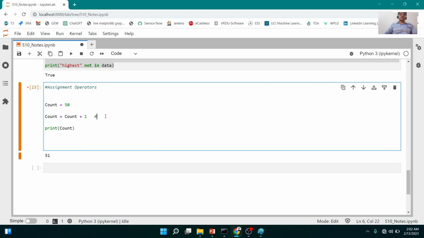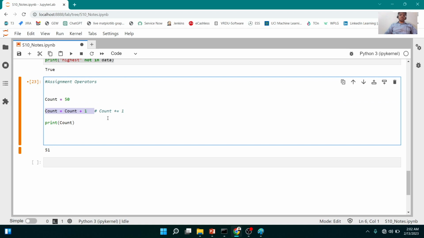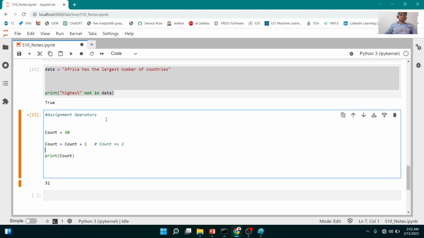The same thing can be written in a different format like count plus equals 1. What this means is whatever is on the right side should be added to count, and then the collective result should come back to count. This is how the assignment operator works.